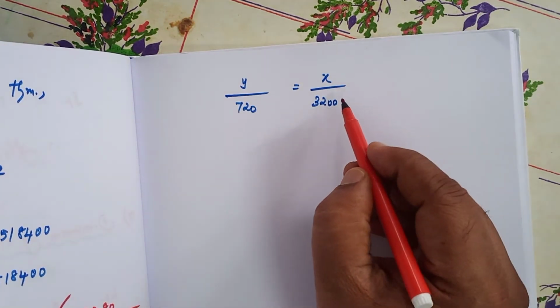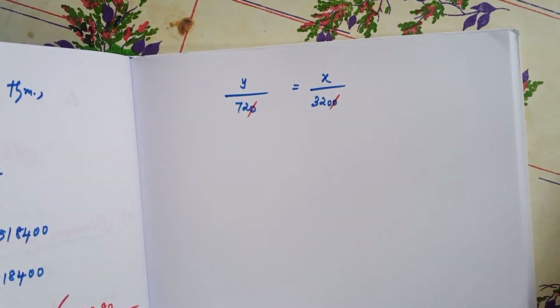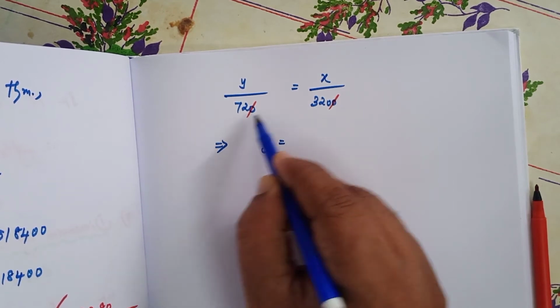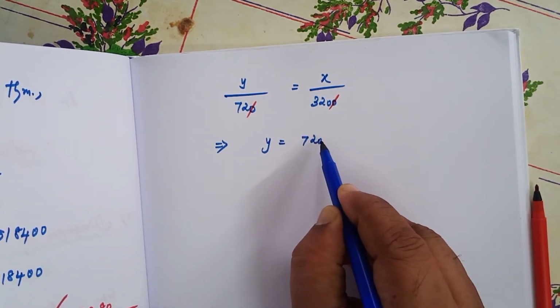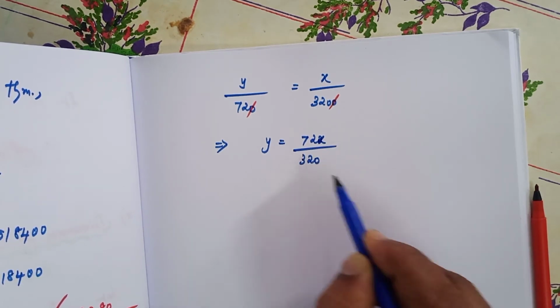Here itself we can cancel 0 and 0. Then you can cross multiply. y is equal to 72x divided by 320.